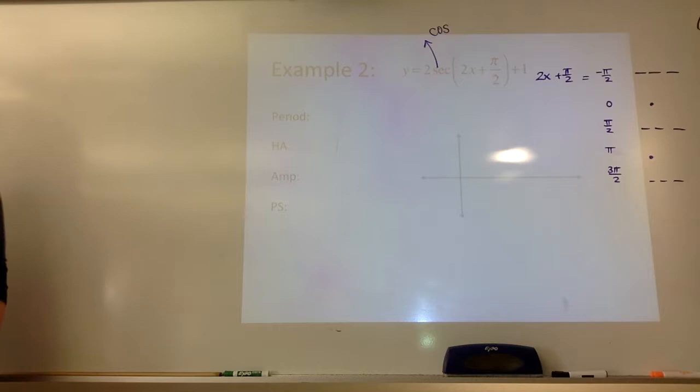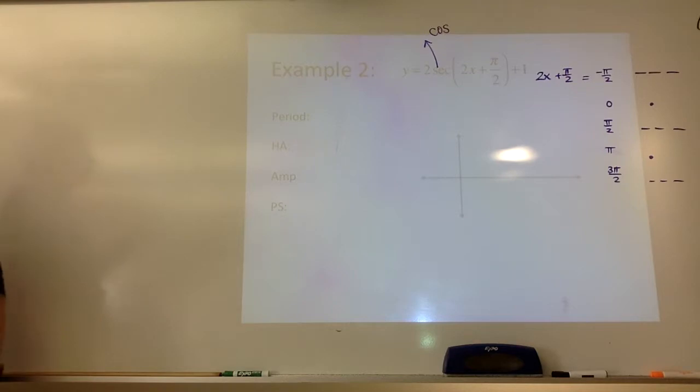What is my first value? This is easy math. Negative pi over 2 minus pi over 2 is minus pi, divided by 2 gives me what? Negative pi over 2?